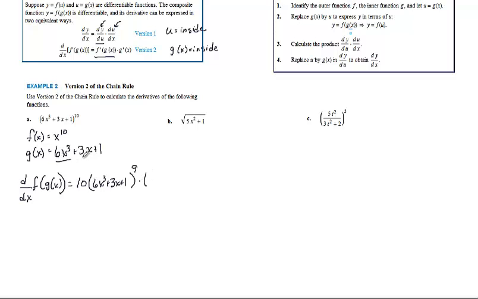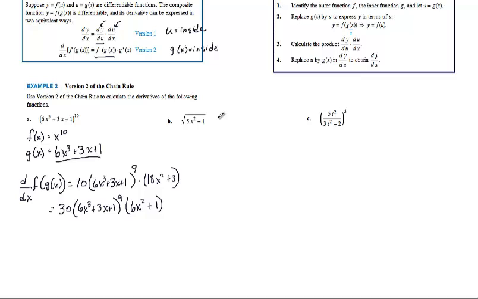The derivative of the inside, here's the inside function, 18x squared plus 3. Let's see, I guess I could pull the 3 out of there. I could make it a little prettier, not a whole lot. Pull the 3 out, that would make it a 30. 6x cubed plus 3x plus 1 all to the 9th times, after I pulled that 3 out, this is 6x squared plus 1. And that's as pretty as that one gets.